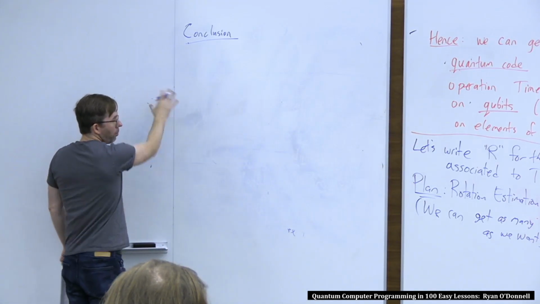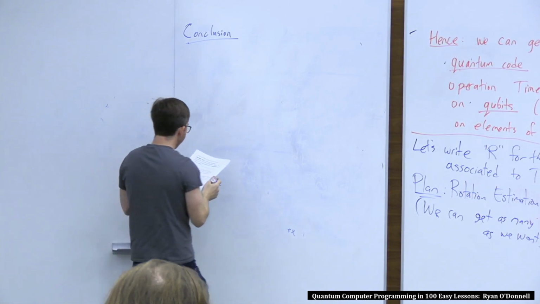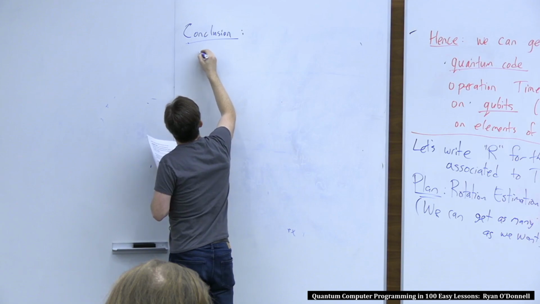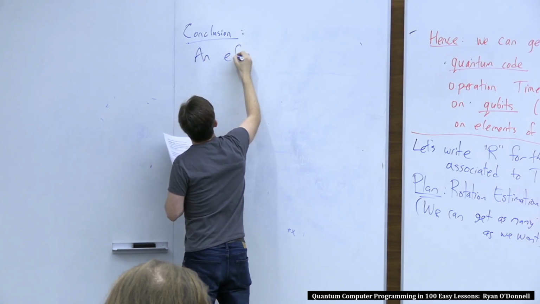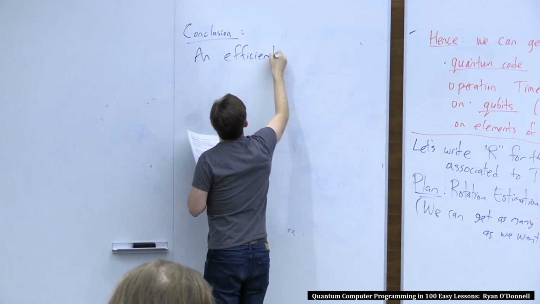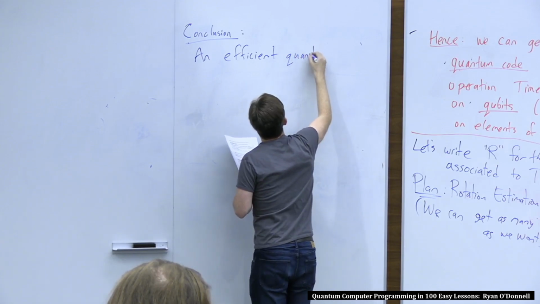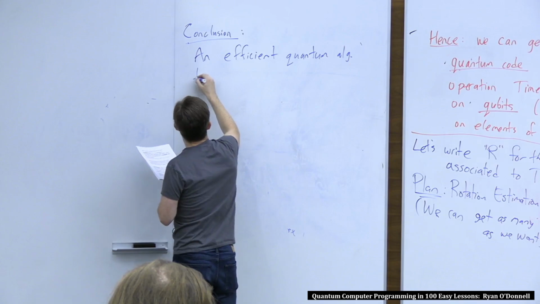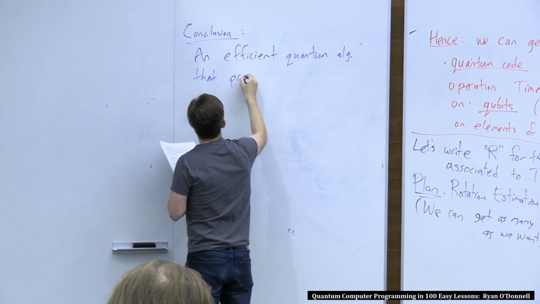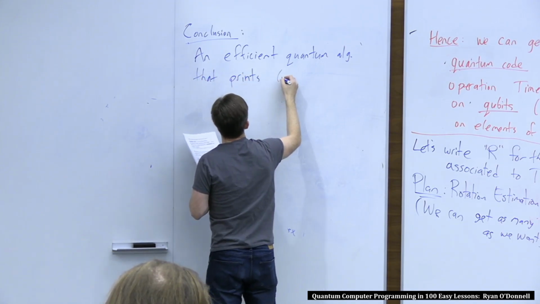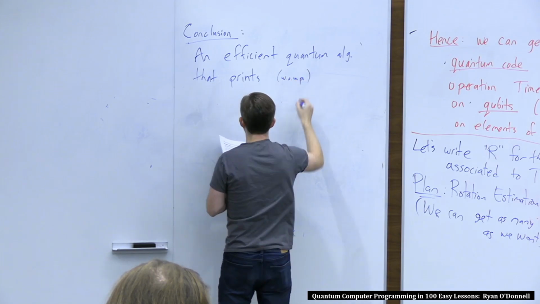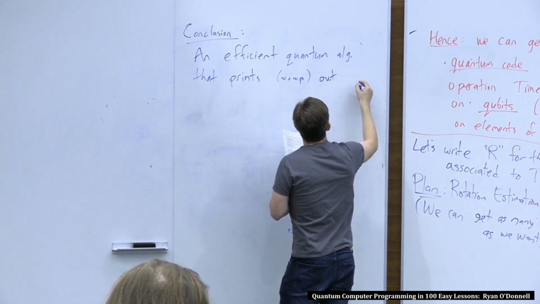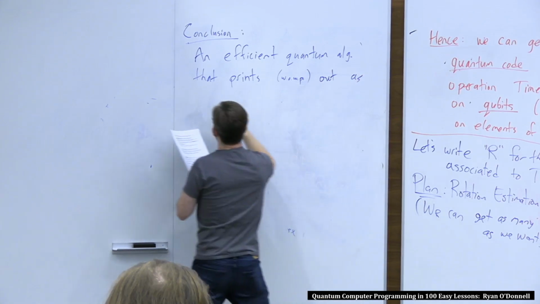But now I'll write the upshot of these two things. The upshot is there's an efficient quantum algorithm that prints out, with overwhelming probability, as many digits as we want.